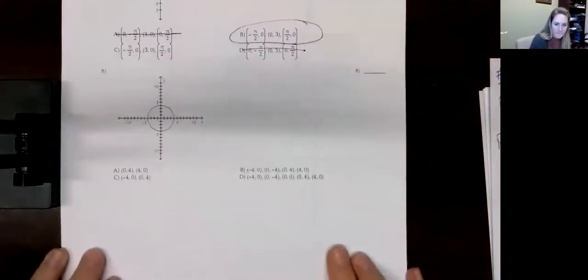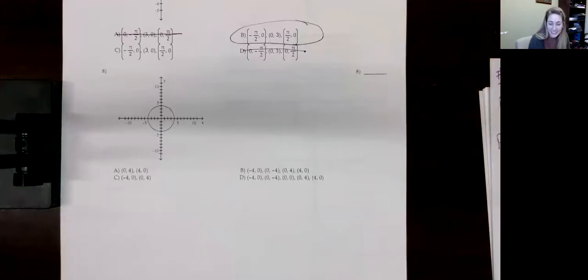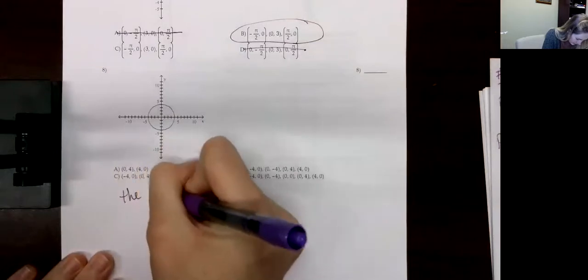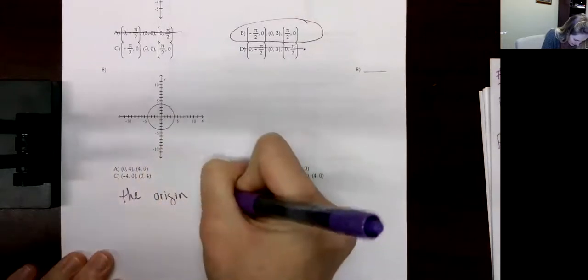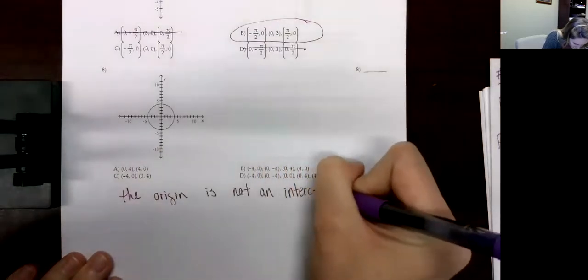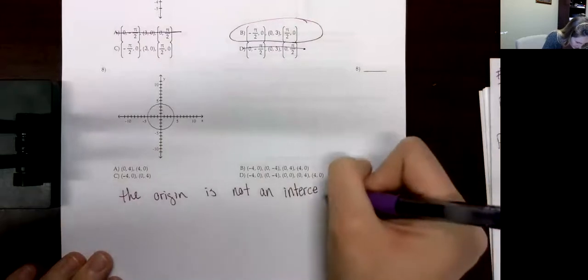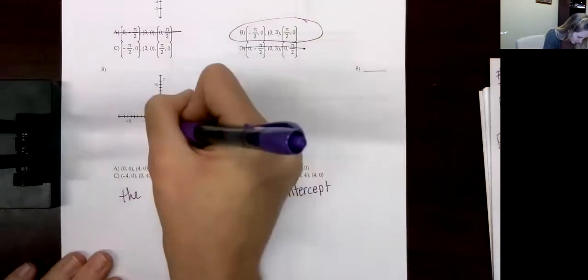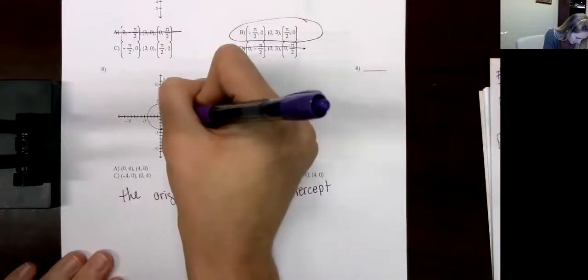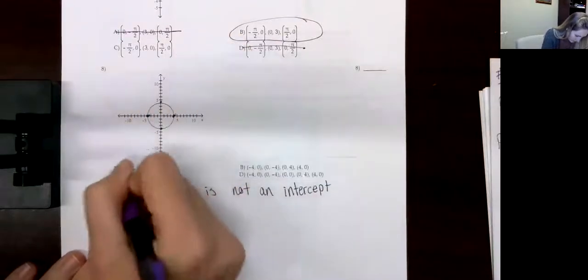Big thing on this one. The origin isn't an intercept. The origin is not an intercept. So we have 1, 2, 3, 4.